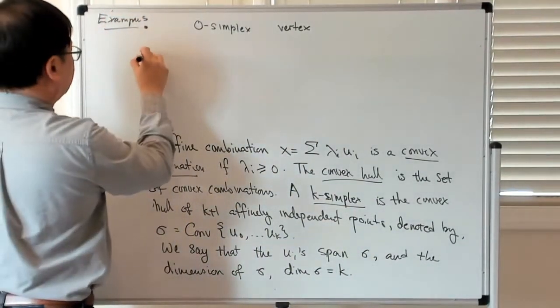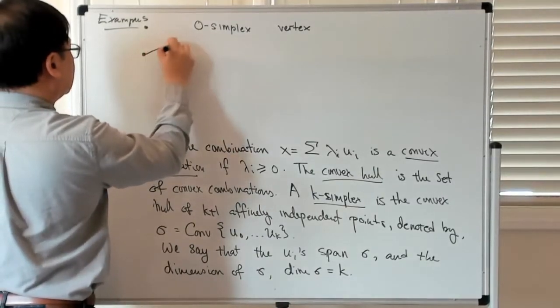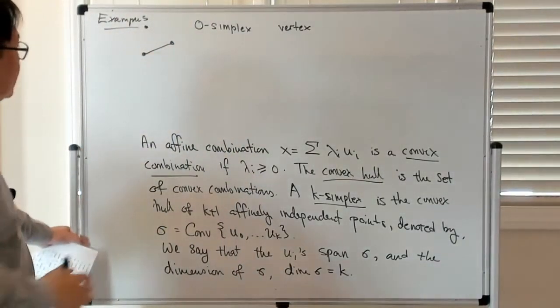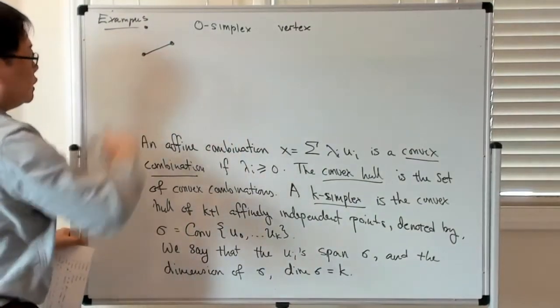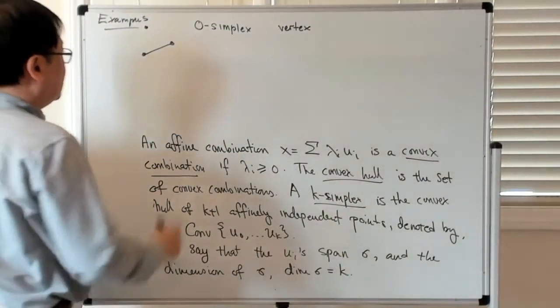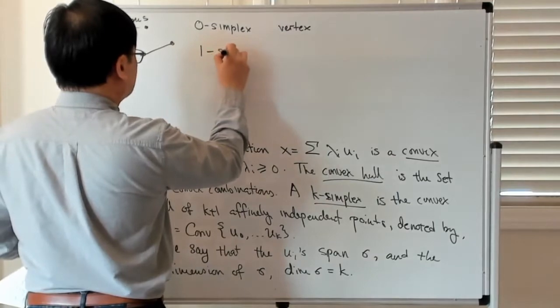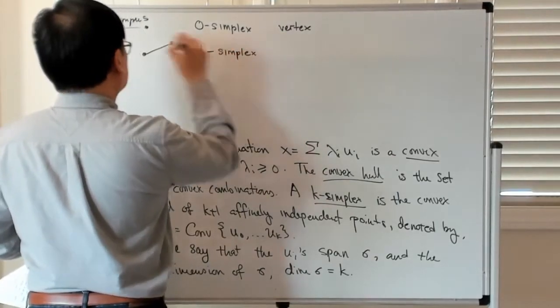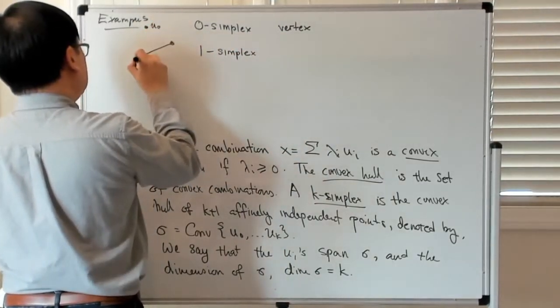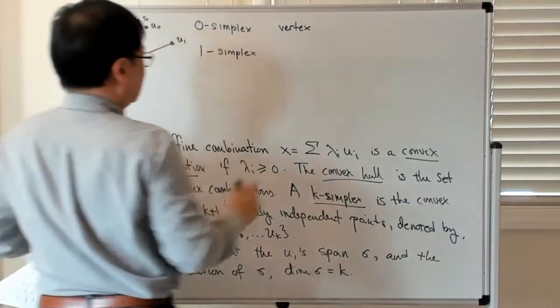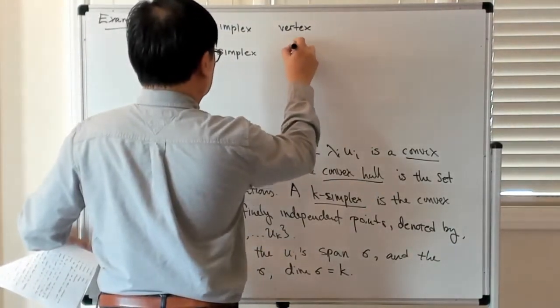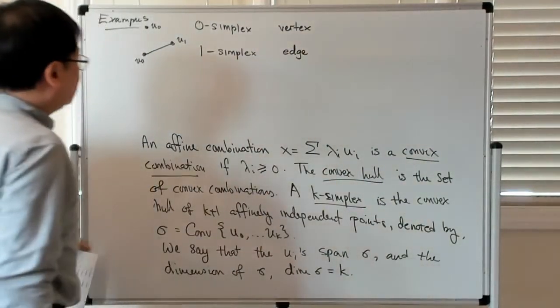Okay, then if you have 2 points, when you take the convex hull, you sort of fill in the line between them. So this is a 1 simplex, for example u0, u1. And this is often referred to as an edge.